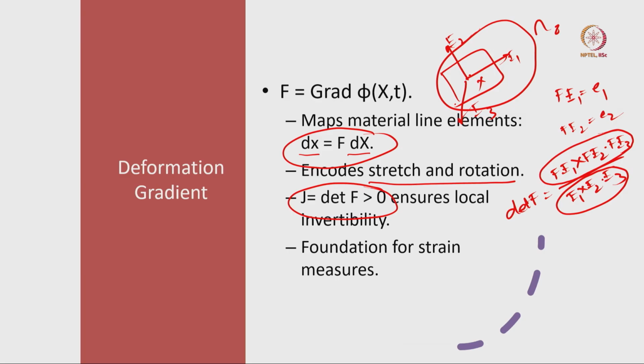This is the scalar triple product. So we are talking of J greater than 0. When we talk of determinant of F equal to J greater than 0, we talk of the volume change, and this volume change can never be degenerate, because the volume can never go from non-zero to 0 under the deformation. So this F is the foundational quantity for defining strains.